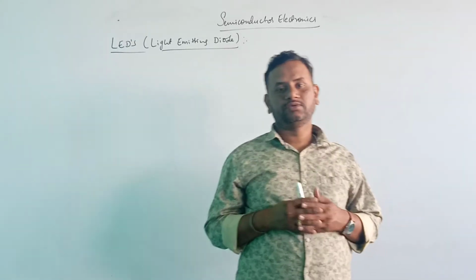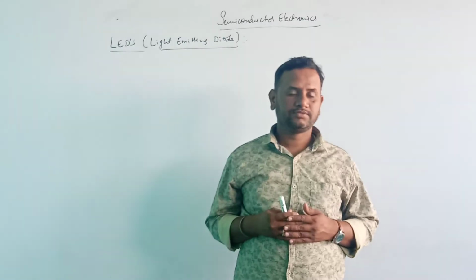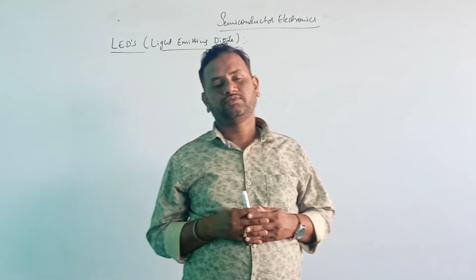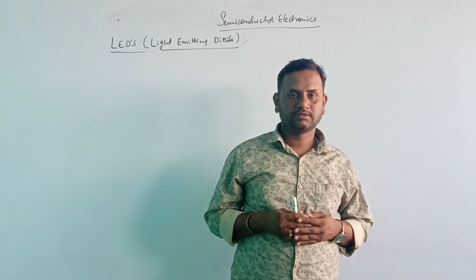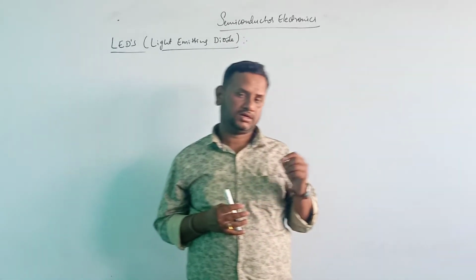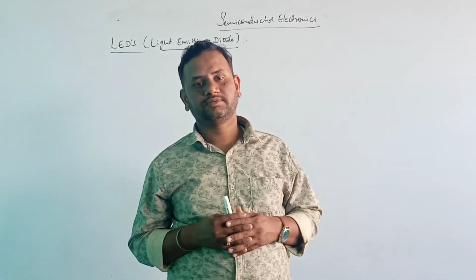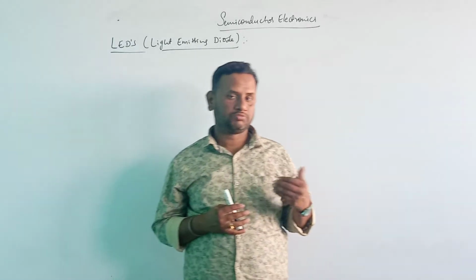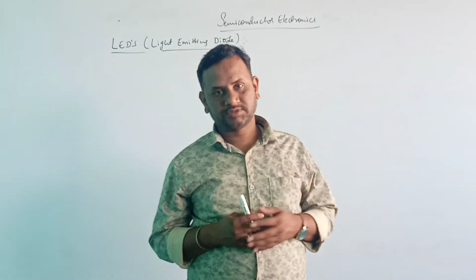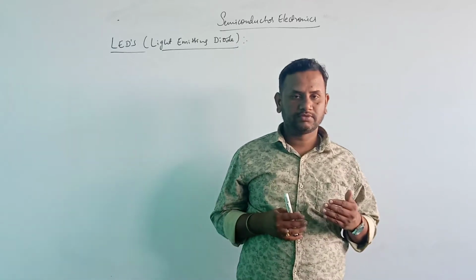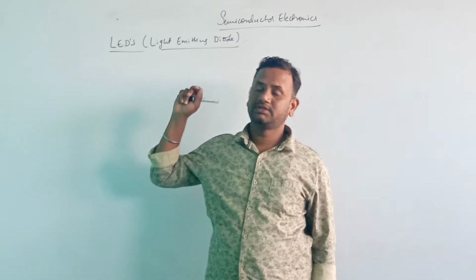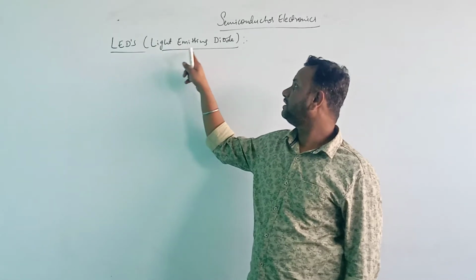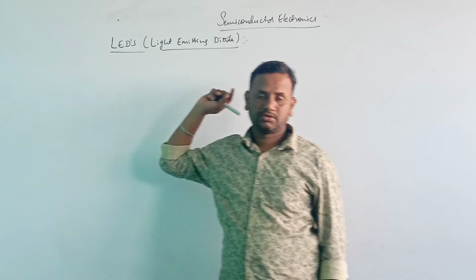Nowadays we are using this type of LED devices in our everyday life, for torches, for decoration lights, and also in automobiles and street lamps. So we are using all these LEDs, which means light emitting diode.